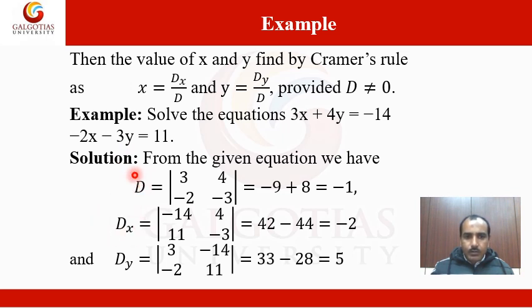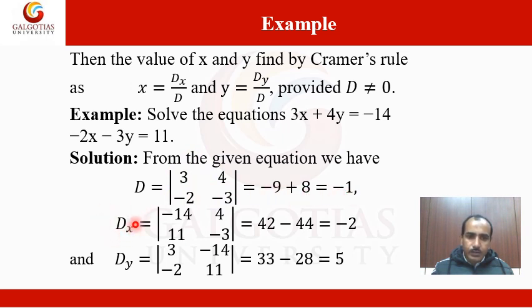The coefficients of x and y are 3 and 4 in the first equation and minus 2 and minus 3 in the second equation. So the determinant of the coefficients from both equations is 3, 4, minus 2, minus 3, and the value of this determinant is minus 1.